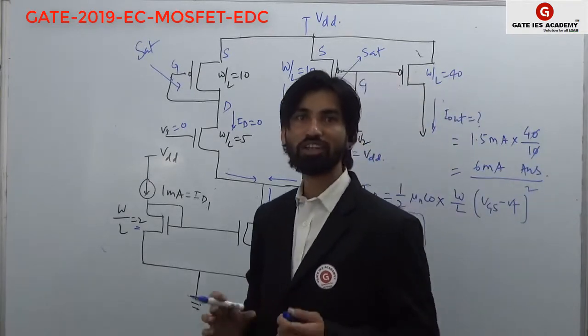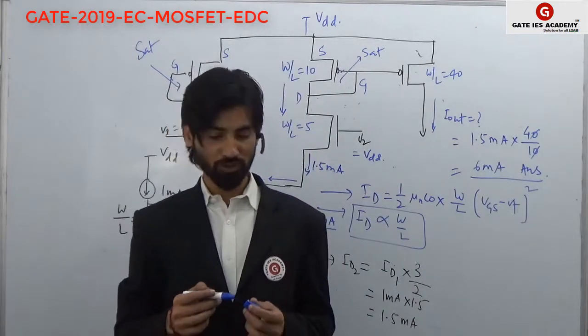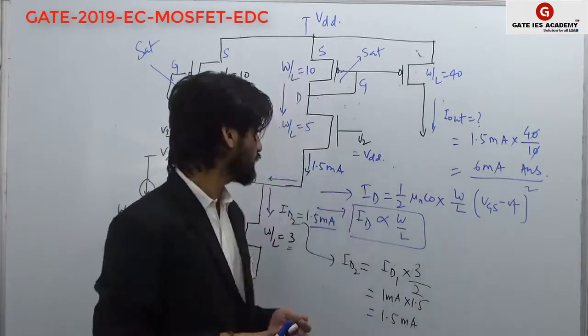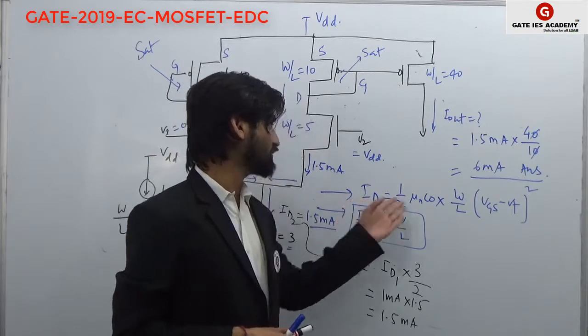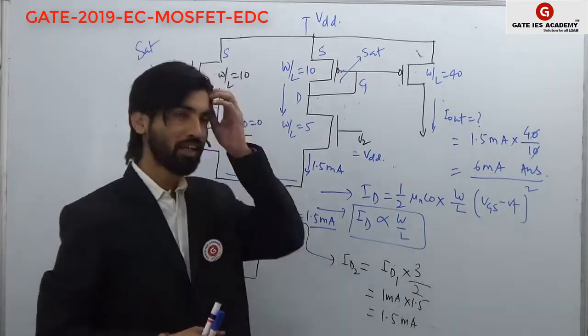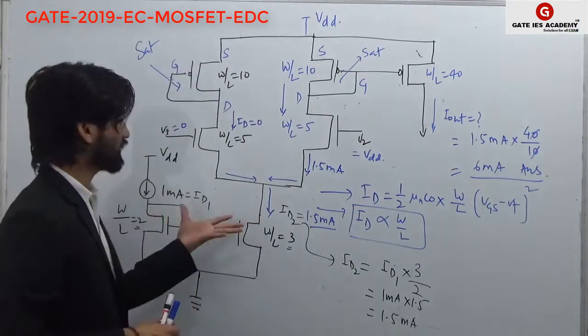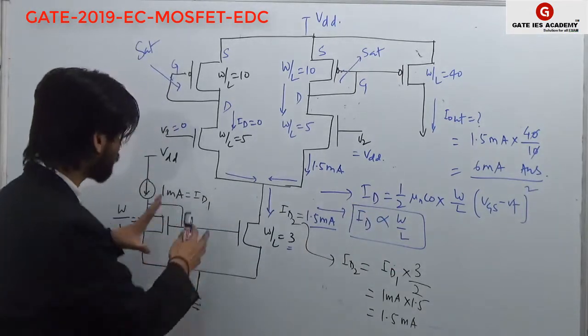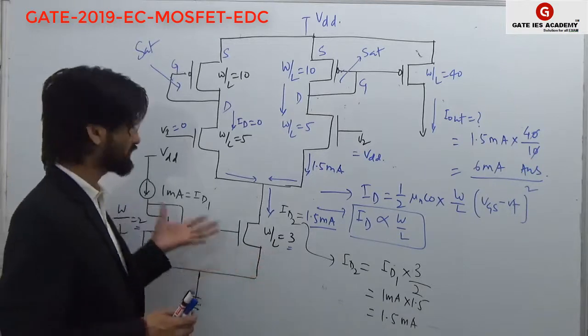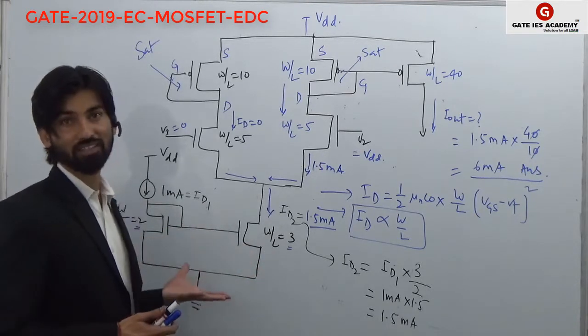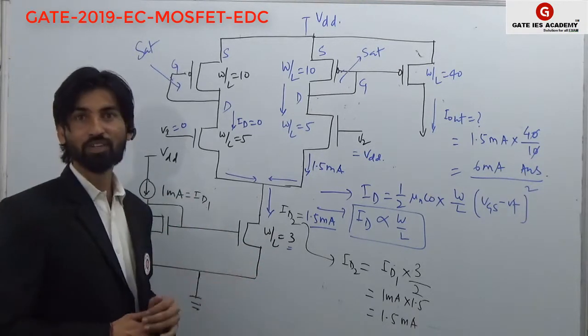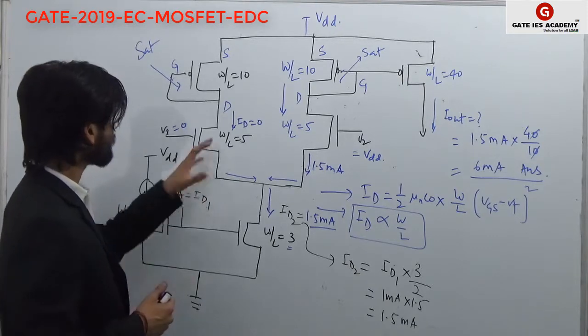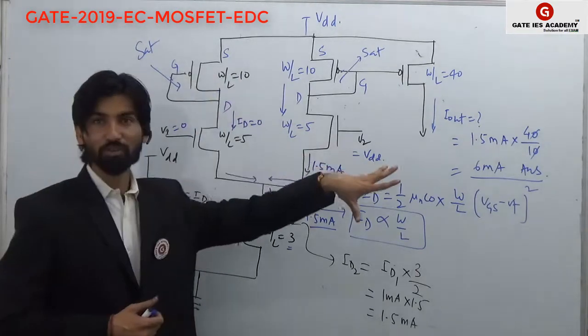So we are solving this question by inspection. If you know the simple relationship that ID is proportional to W by L, how to relate your current with the W by L ratio, and you are able to identify that the given circuit is a current mirror, one of the versatile current sources, only then can you solve this problem.